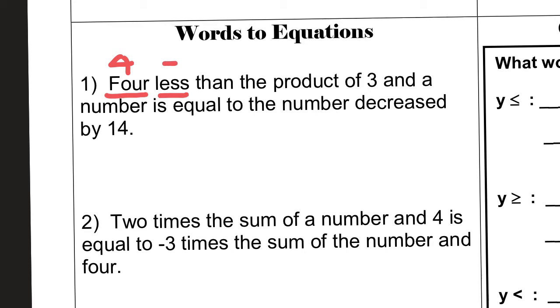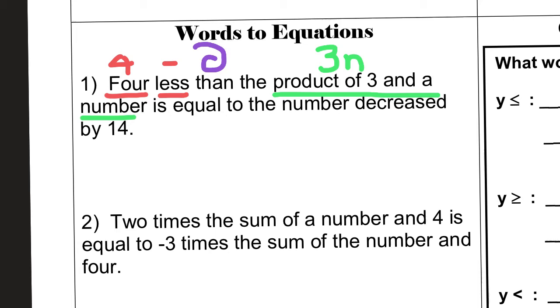Than is a switch word. So we're going to switch around the 4 and whatever comes after it. What comes after it is the product of 3 and a number. Well, what's the number? We don't know, but product implies multiplication. Since we don't know what the number is, that's where our variable will be.